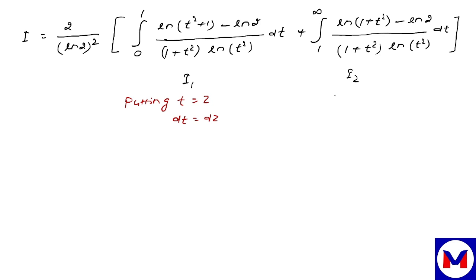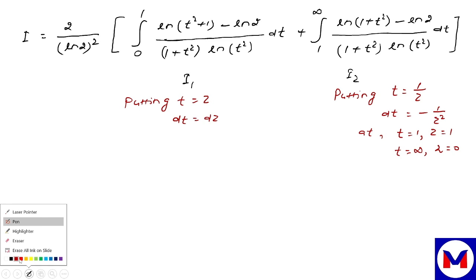And in I2, putting t equal 1 by z, dt becomes minus 1 by z square, and the limit will be: at t equal 1, z will be 1, and at t equal infinity, z will be 0.